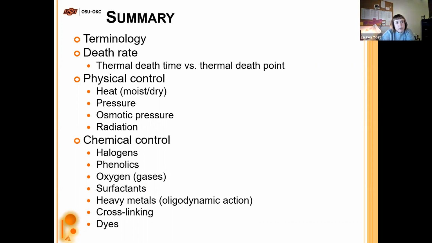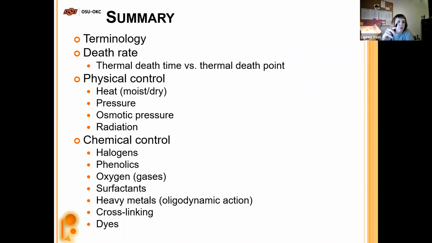What we went over in this chapter, chapter 11, is just an introduction into unit 3, and this is the easy chapter. We introduced terminology for how we clean things, death rate, thermal death time versus thermal death point, and physical control versus chemical control. We went through each of those.